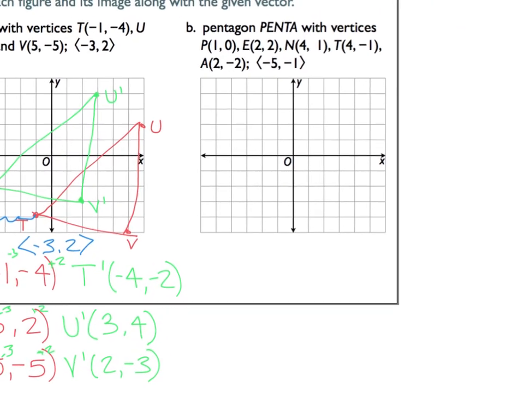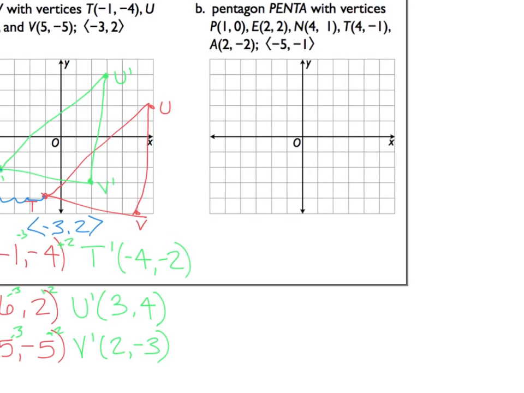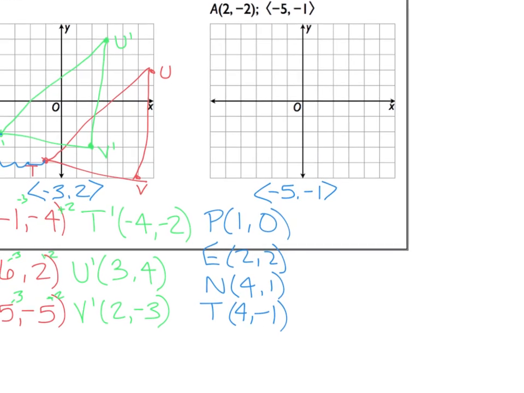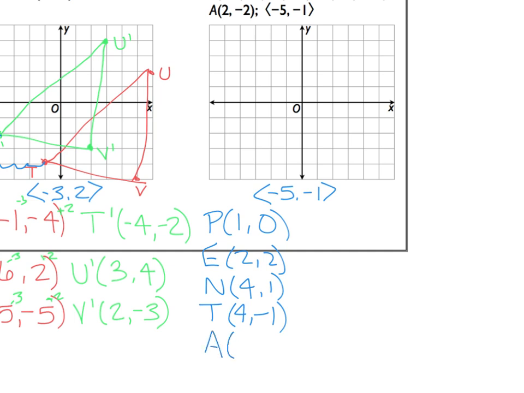For this last one, I'm just going to go through the coordinates. I'm not going to graph this one, but I want to make sure you're solid with these coordinates. We're moving along the vector <-5, -1>, and I'm starting with P is (1, 0), E is (2, 2), N is (4, 1), T is (4, -1), and A is (2, -2).